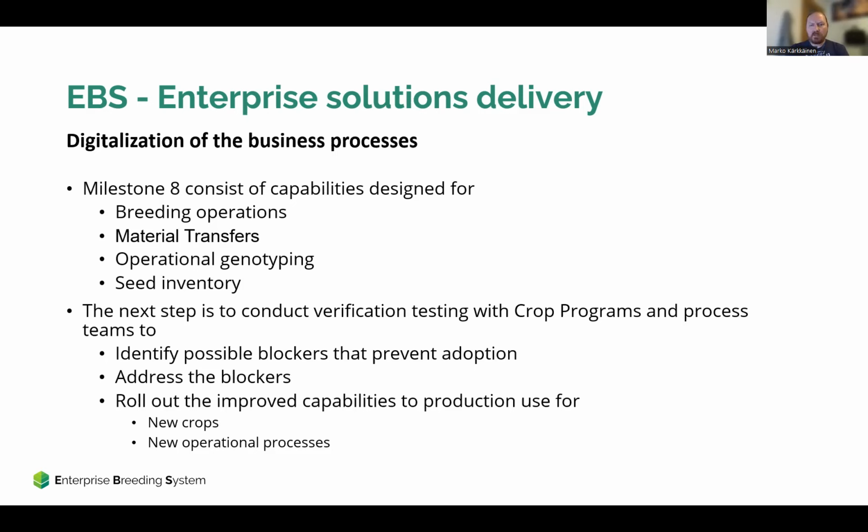So the next step really is to broaden our customer base and work together with other crop programs and process teams that we haven't worked with before, and identify whether something actually blocks the adoption, for example, of the material transfer pipeline in EBS. And of course, when we have identified the blockers, we address them, fix them, and improve the system so that new customers can start to use it and roll out those operational processes in their own institutes. So, the crops and new operational processes.